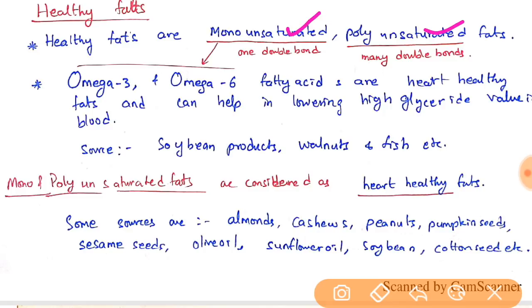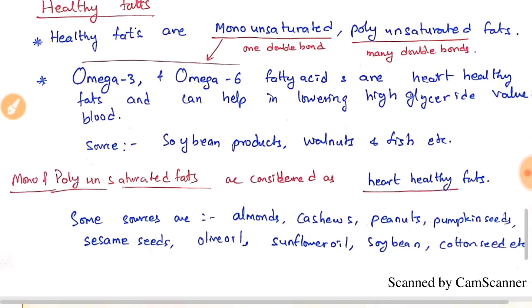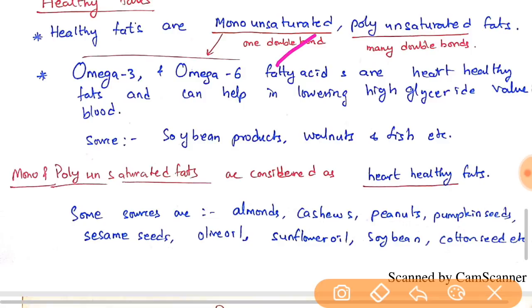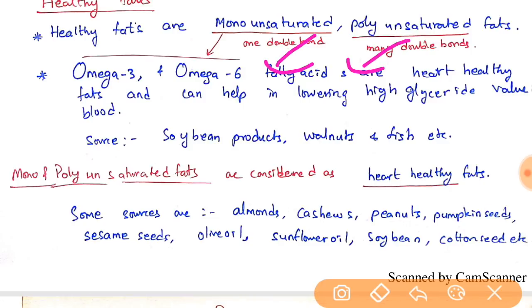For example, omega 3 and omega 6 fatty acids form both monounsaturated and polyunsaturated fats, and these omega 3 and omega 6 fatty acids are very good for the health of the heart, friends, and can help in lowering the high triglyceride value in the blood, that is bad cholesterol.